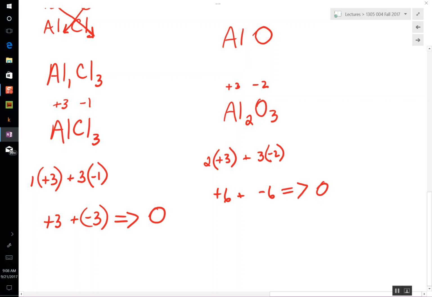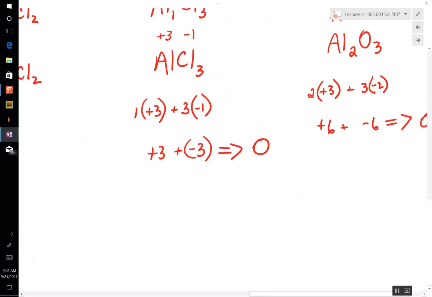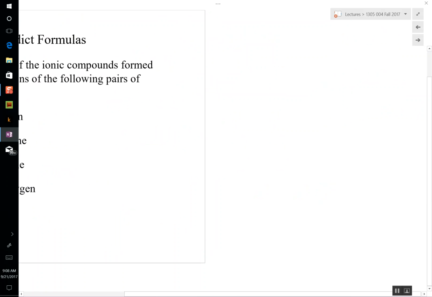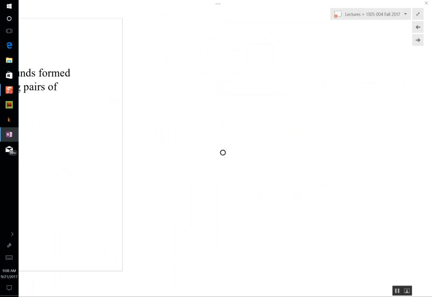These slides right here. Okay, let's do these 4. Quickly here. Lithium chloride is what? Magnesium fluoride. Aluminum sulfide.